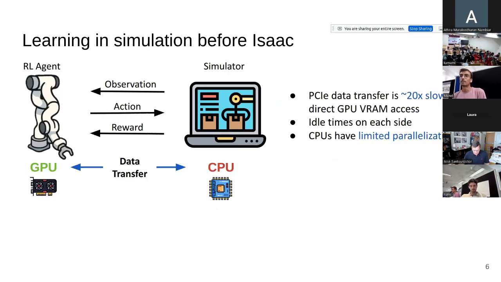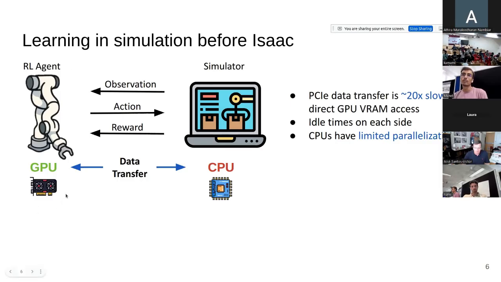Okay, now a little bit about simulators. We have this diagram that I had before, but up until a few years ago, simulation was quite slow, especially learning and reinforcement learning in simulation. So why is that?